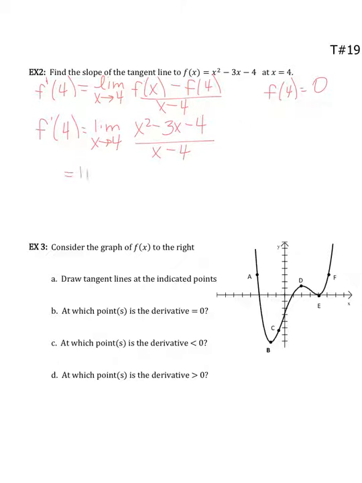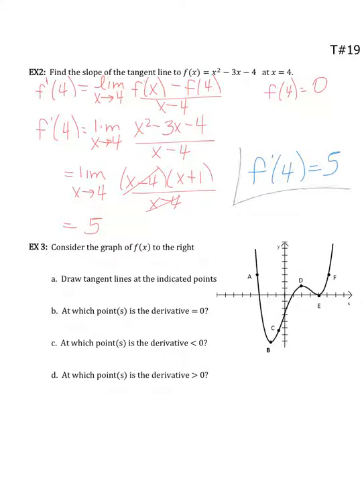I'm going to do some factoring, over x minus 4. Those cancel. I can take the limit and I get 5. So what did I just figure out? I figured out that the derivative at 4 is equal to 5.